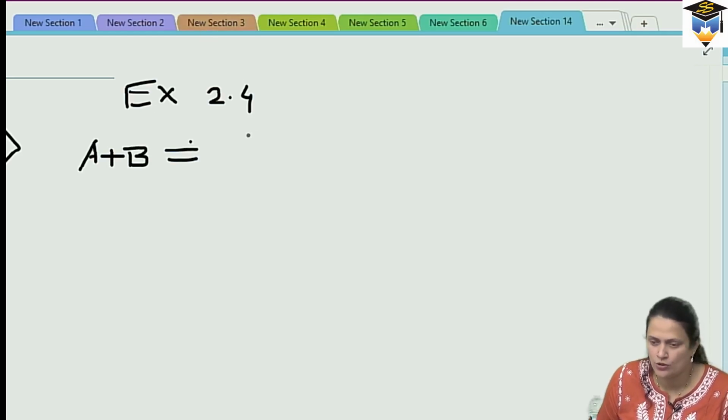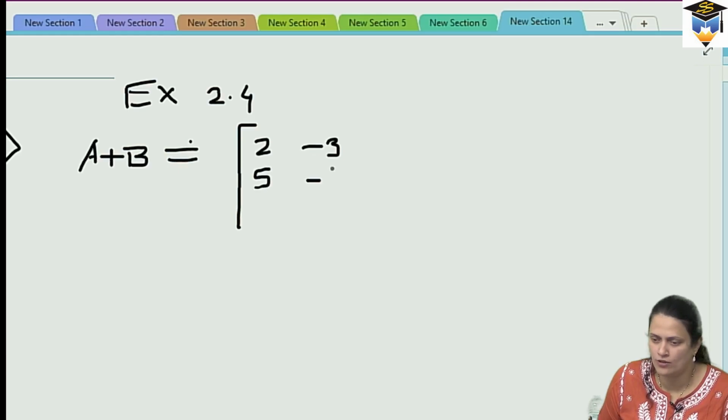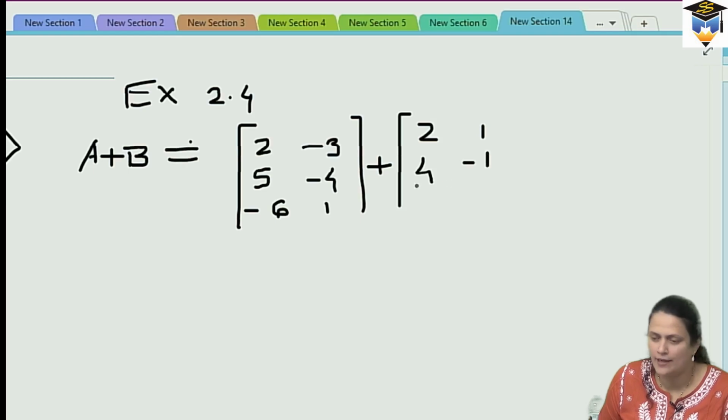Okay. So the A matrix is 2, minus 3, 5, minus 4, minus 6, 1, plus 2, 1, 4, minus 1, and minus 3, 3.